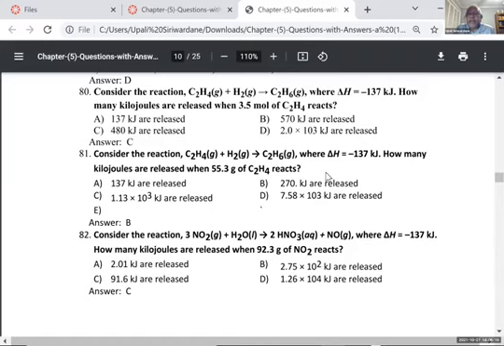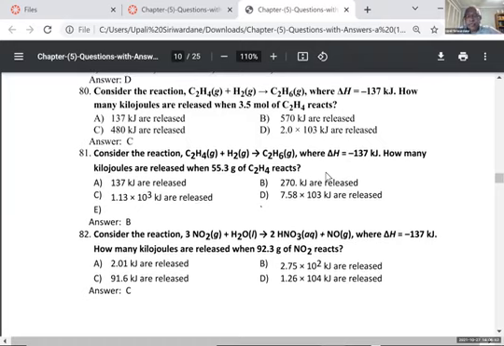For number 80, negative 137 multiplied by 3.5 is the answer. Negative means release, so 137 multiplied by 3.5 is 479, rounded off.